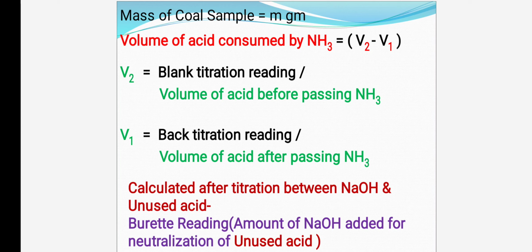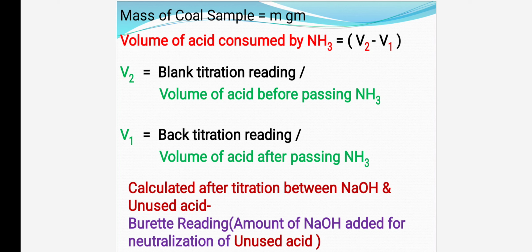V1 means the initial volume of acid before starting the experiment, before passing ammonia, and V2, that is what? The volume of acid left behind after passing ammonia, or you can say after completion of the experiment. So the V2 value will be large and the V1 value will be small.